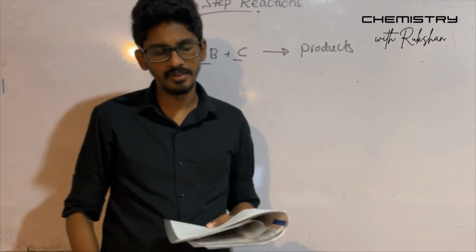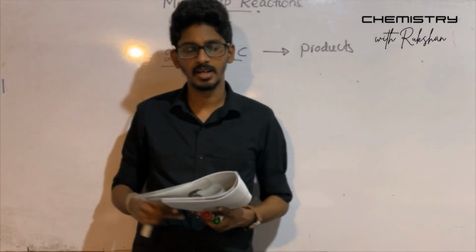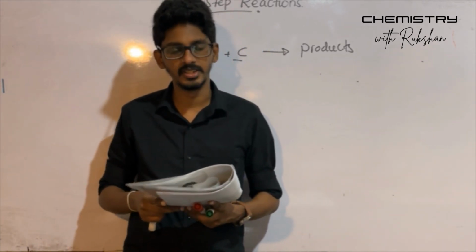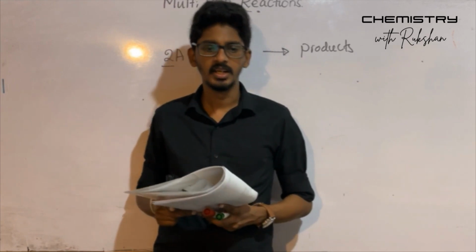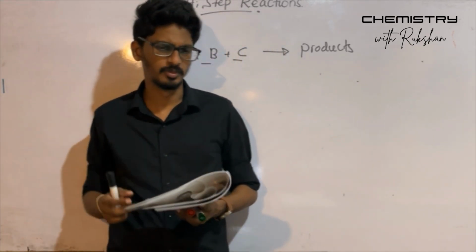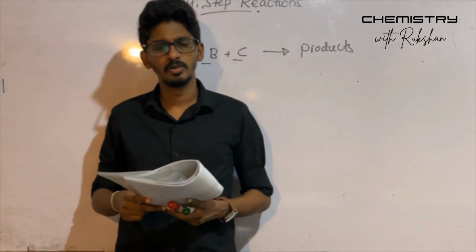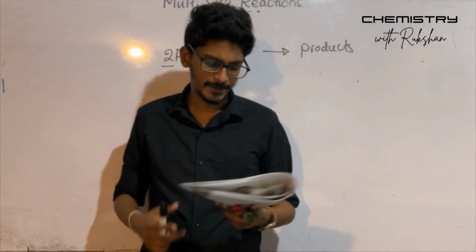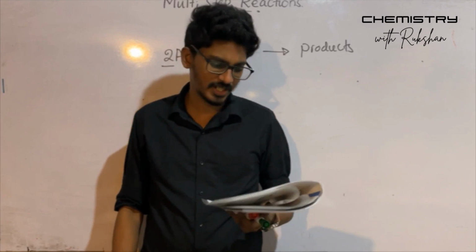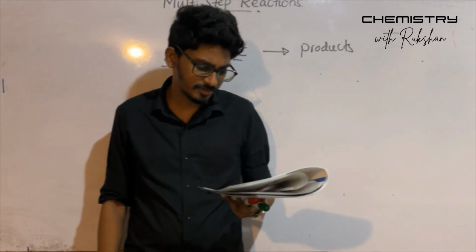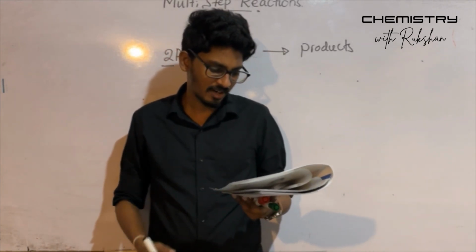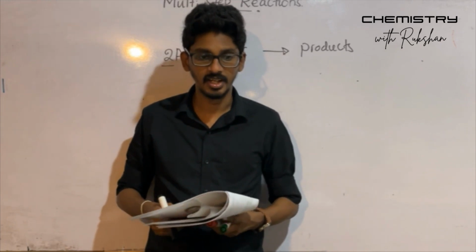When it comes to multi-step reactions, there are 4 main things to consider. We have to consider 4 rules. Definitely, 4 rules are there with the multi-step reactions, so basic 4 points. We'll come across one by one, as those are given in the note. The first thing, it says: chemical processes that occur in series of elementary steps have their own set of rules.